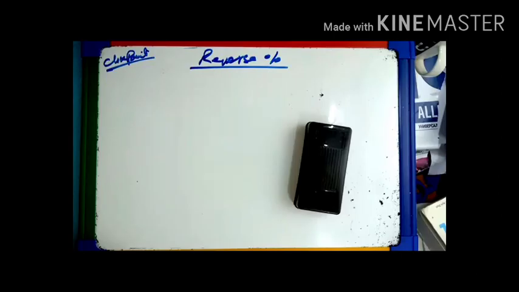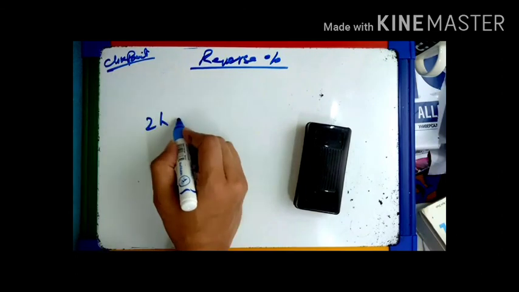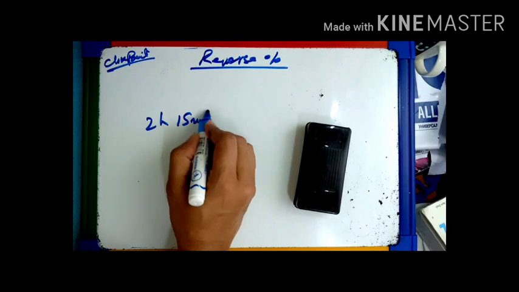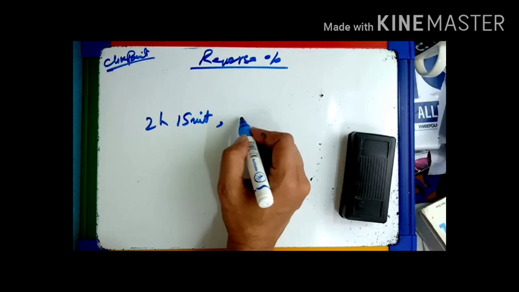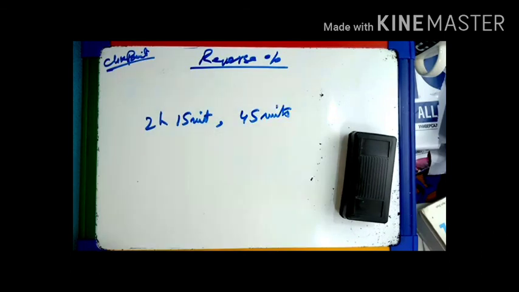Did I teach you like that? 2 hours and 15 minutes, convert into 45 minutes. So convert the first quantity into the second one. Did I teach you such things?